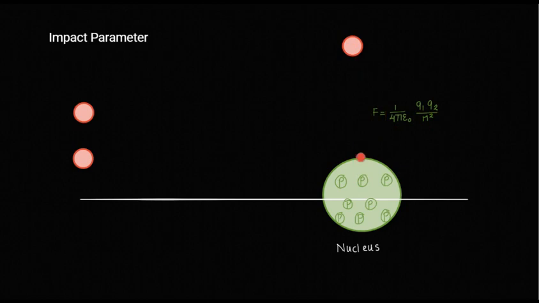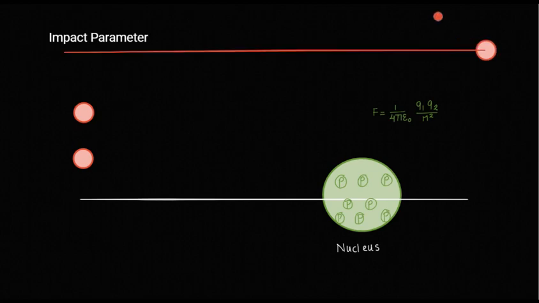If the force is very small, therefore there is no influence of this source charge, the nucleus. The nucleus does not influence this test charge, which is your alpha particle. Fine. So if there is no influence of the force, what happens? This alpha particle will move undeviated. Fine. So this is for the first alpha particle.